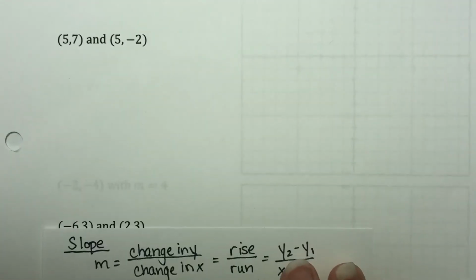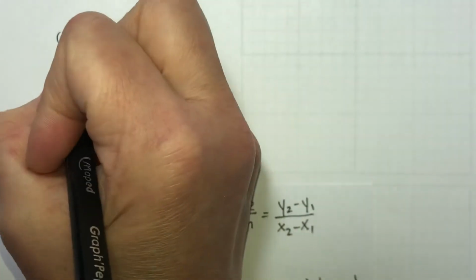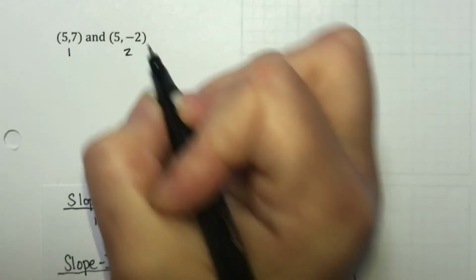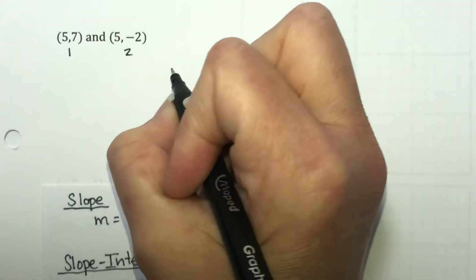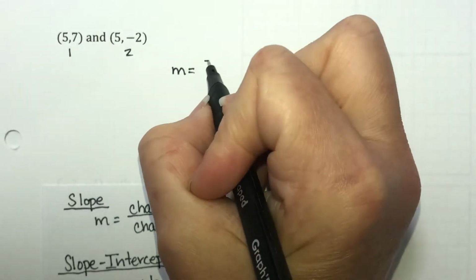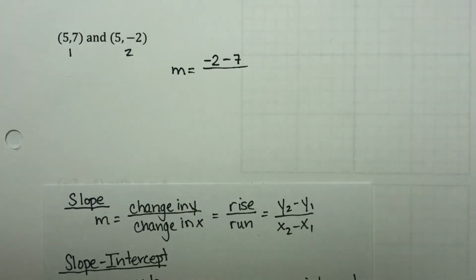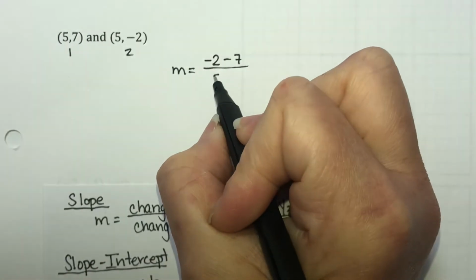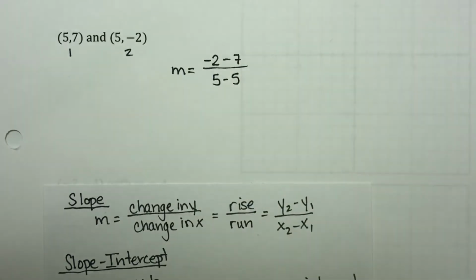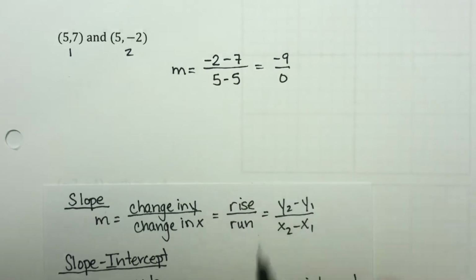Let's try this one. Same idea, we want to find the slope. So let's call these the 1's and these the 2's again. My slope is y2 minus y1, so negative 2 minus 7, over x2 minus x1, 5 minus 5. Okay, so I get negative 9 over 0. And remember that we cannot divide by 0.